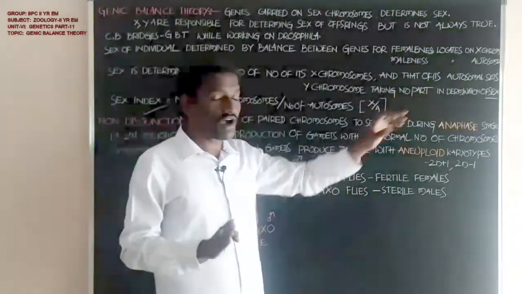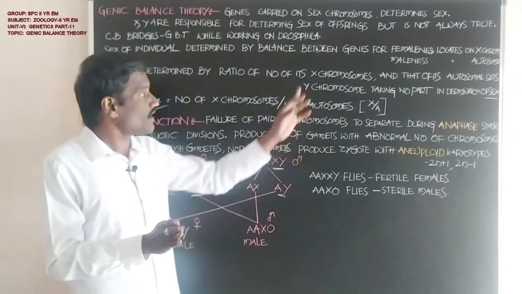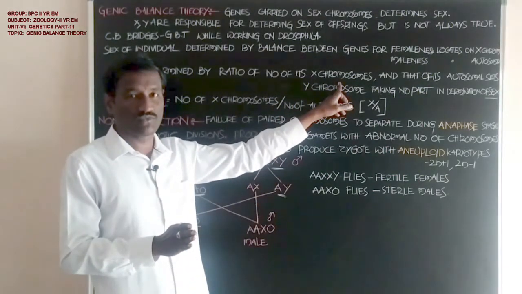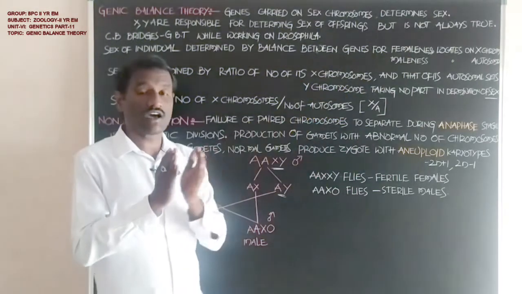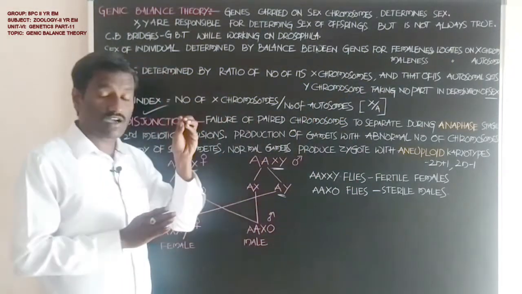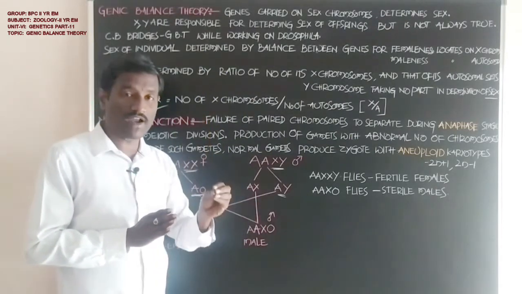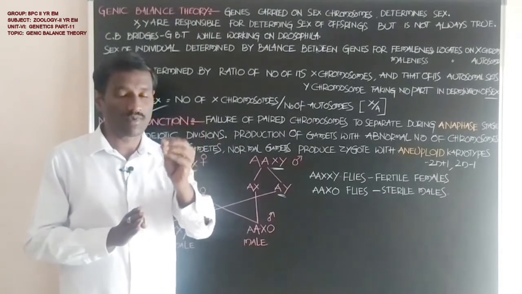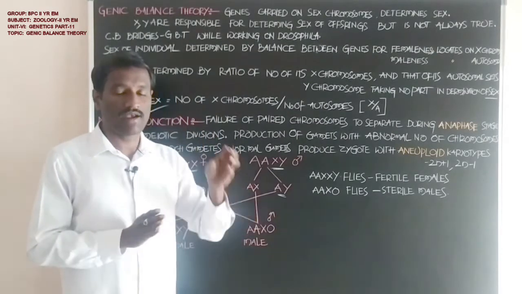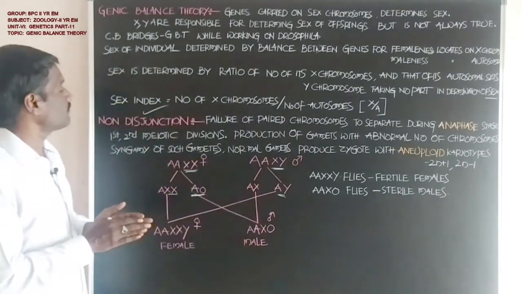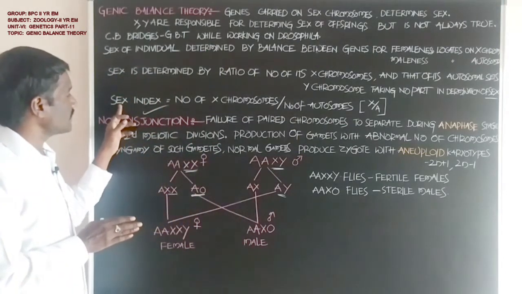Students, the number of autosomal sets and the number of X chromosomes are the two important factors. The sex of the individual is determined by this ratio.